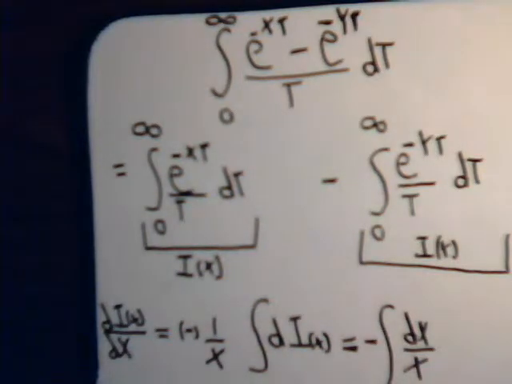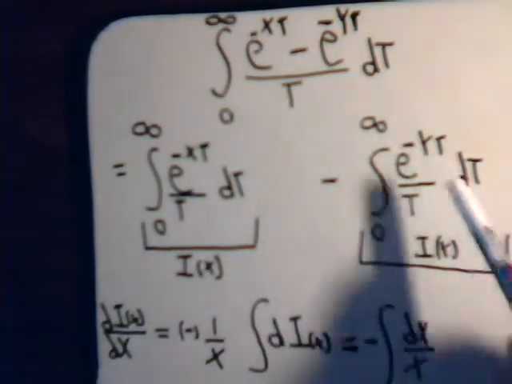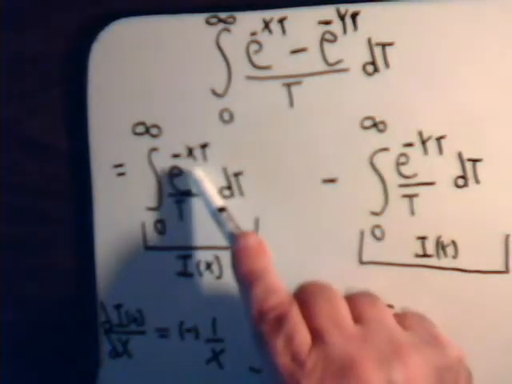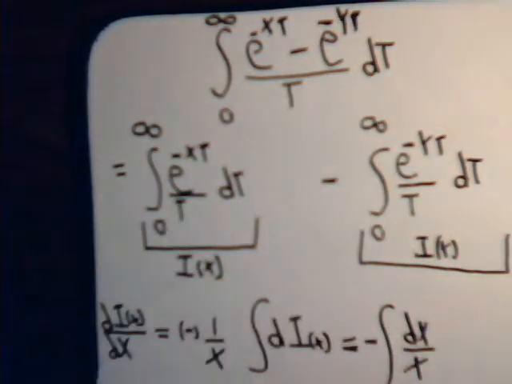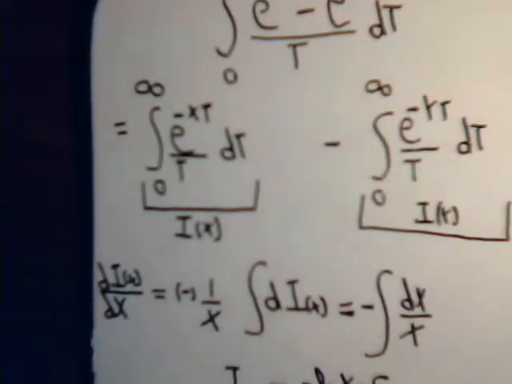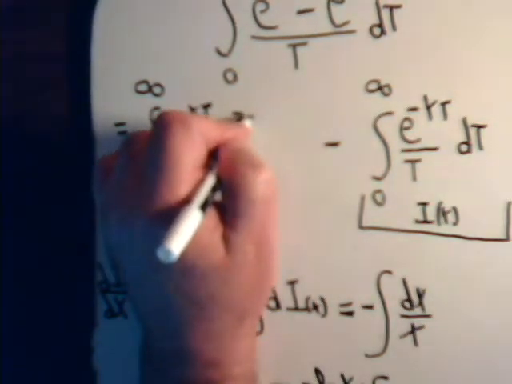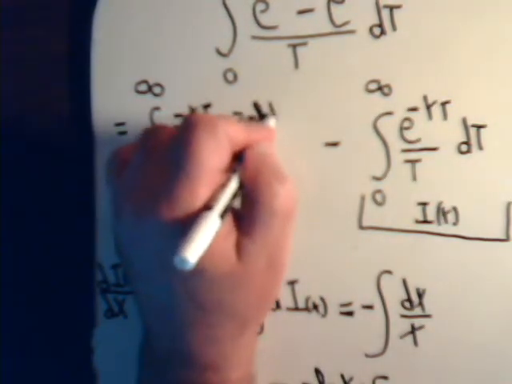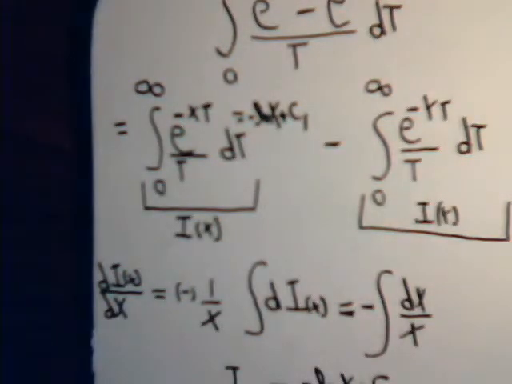So let's make some room and deal now with this integral, because this one is almost identical. We have minus y instead of minus x, and there's a minus sign before it instead of a plus sign. So here, let's just write this equals minus ln of x plus c1.